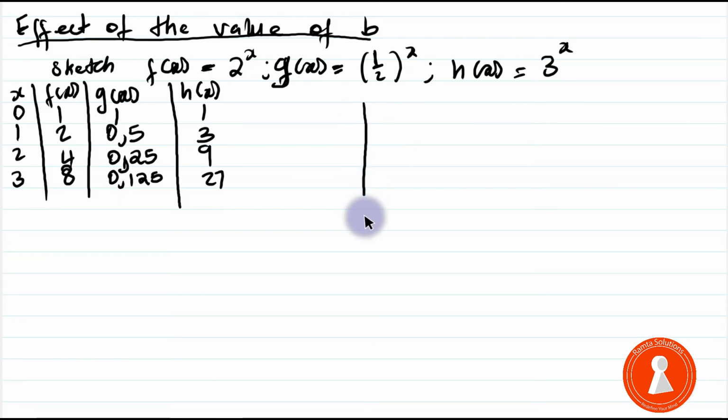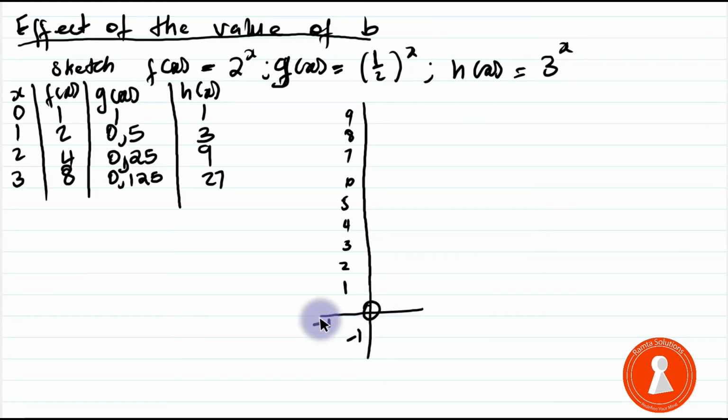So I'm just gonna try 9, 8, 7, 6, 5, 4, 3, 2, 1, and then 0, minus 1. Not that I need to go there. 1, 2, 3. Okay, so first thing first, let me start with f of x.